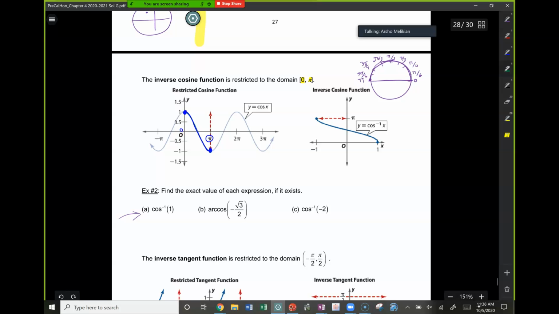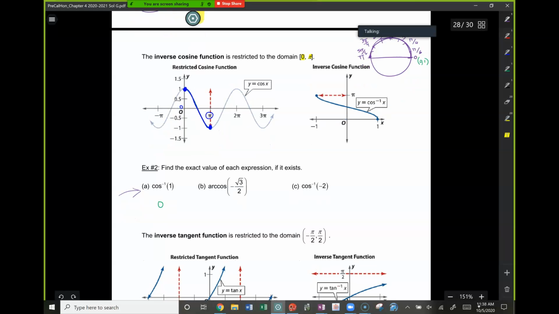For 0, the coordinates are 1, 0, so it's 0 degrees or 0 radians. When it's asking a question like this, and you're given the inverse and a number, you're looking for y basically. Yeah, the angle.